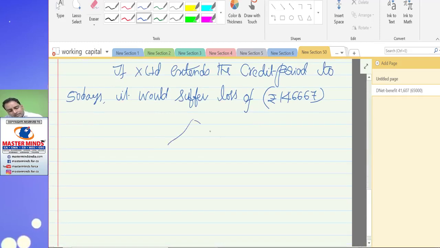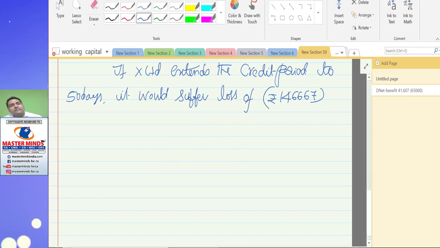Now you can take variable cost or you can take sale value approach. Both methods convey that the present credit period of 35 days should be allowed to customers, and it is not advisable to extend the credit period to 50 days.